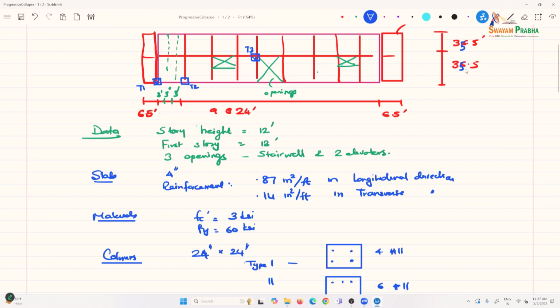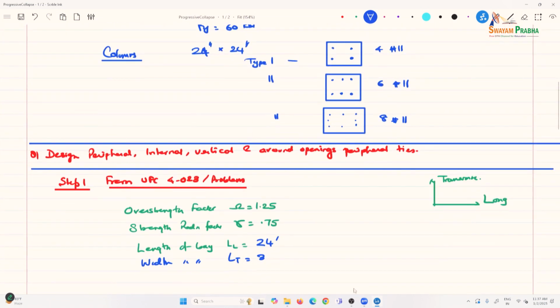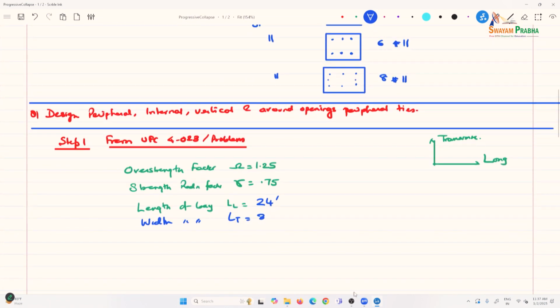I think I have taken it as 35.5. Unless I have been inconsistent, if I have, I will let you know. No, wait, I think I have been inconsistent. So, this is still 36.5, sorry about that.